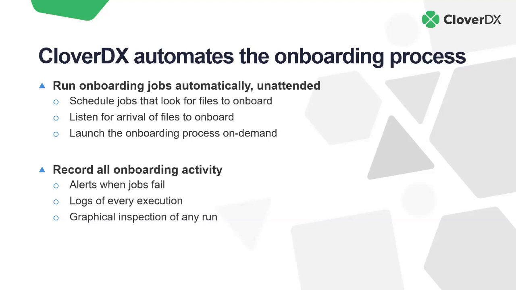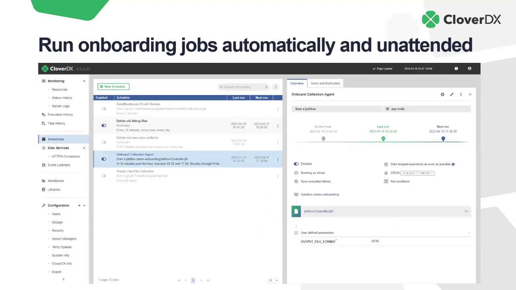So I'll pivot now and show you a couple of screenshots of CloverDX's server component and how it's handling all of the automation of this job that we've built, right? So let's talk about running these onboarding jobs automatically and unattended. The most common way to do that is with our scheduler, right?